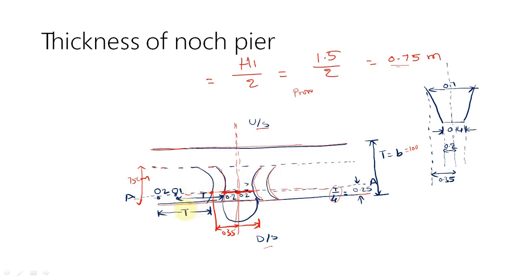Now with the radius t, that is the top width of the drop wall, right? The radius, fix O1, means from this point to this point, this is t. Take a compass and draw this arc.